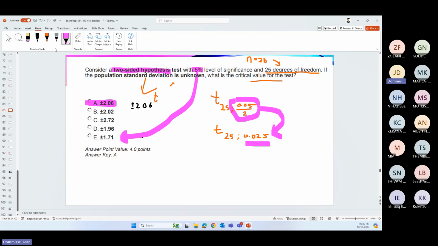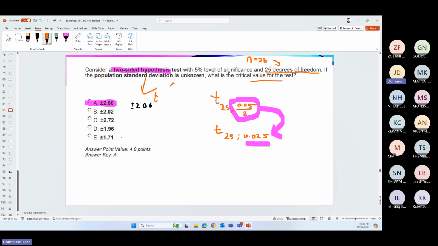So be very careful with what is in the answer set, because if you just used the 0,05 and did not divide it by 2, there is unfortunately an answer for you as well.